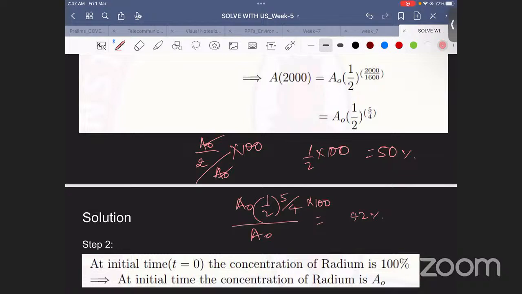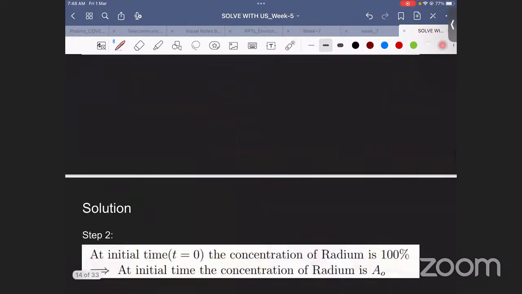Let's move to the calculation part. Yeah, that calculation is difficult. But if you get some problem, hopefully you'll not be getting any tedious calculation. So next question.